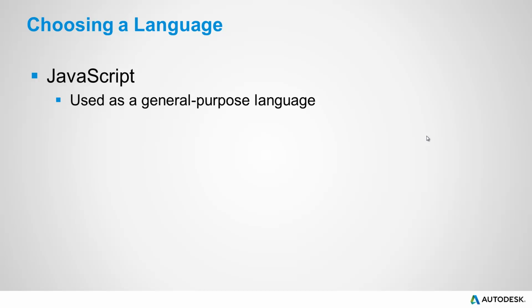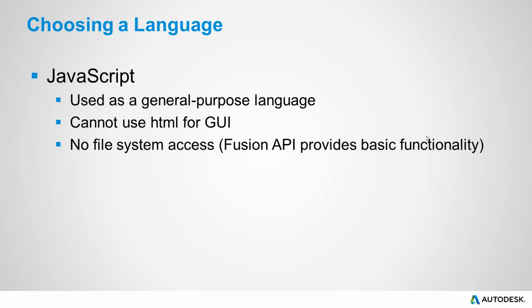And in fact, you can't use it with HTML, so you can't create your own form using HTML and use that. So it's just a general purpose language. And a limitation of JavaScript that's intentional, because you don't want to load up a web page and have it reading all the files on your disk, is that there's no file system access.